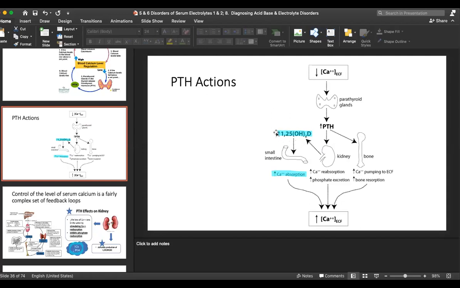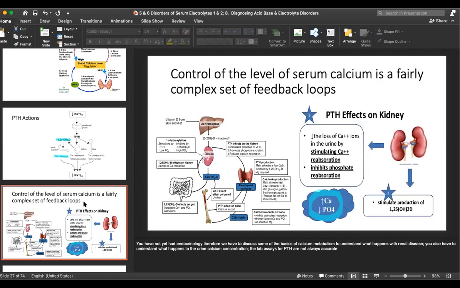So we've got vitamin D 125. I would know that one. The 125 vitamin D is going to be our active form of vitamin D, and that's going to work with the intestine. And that all goes to increase our calcium. So basically, again, calcium has lots of feedback loops.